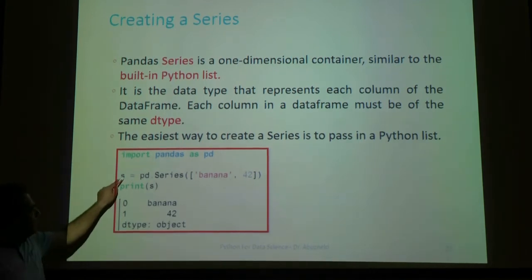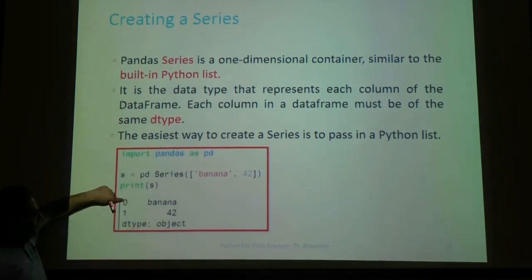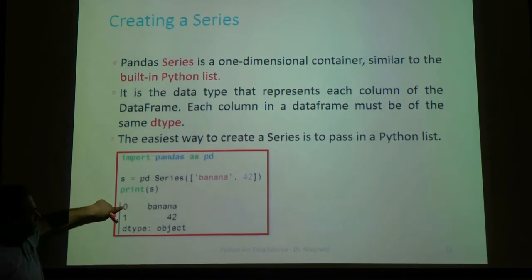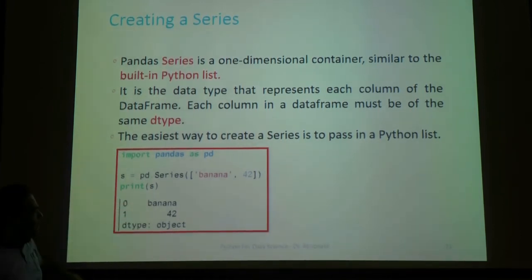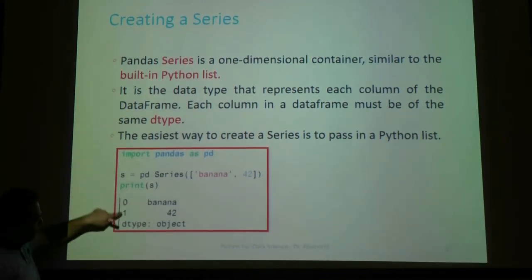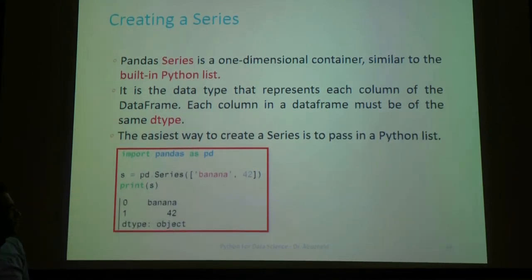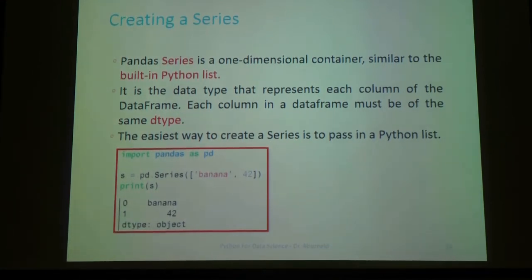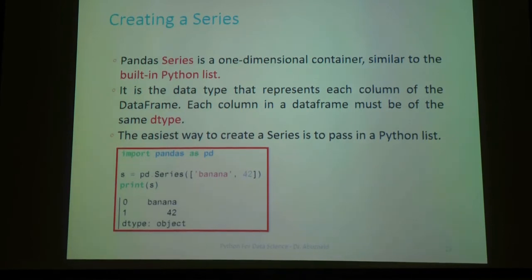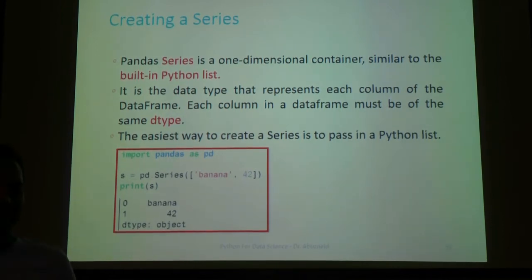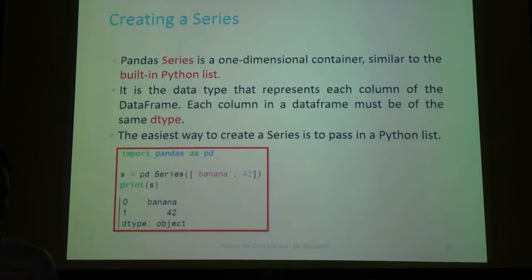If I print s, index 0 gives me banana, and index 1 gives me 42. So with the Series method, I could create a series.